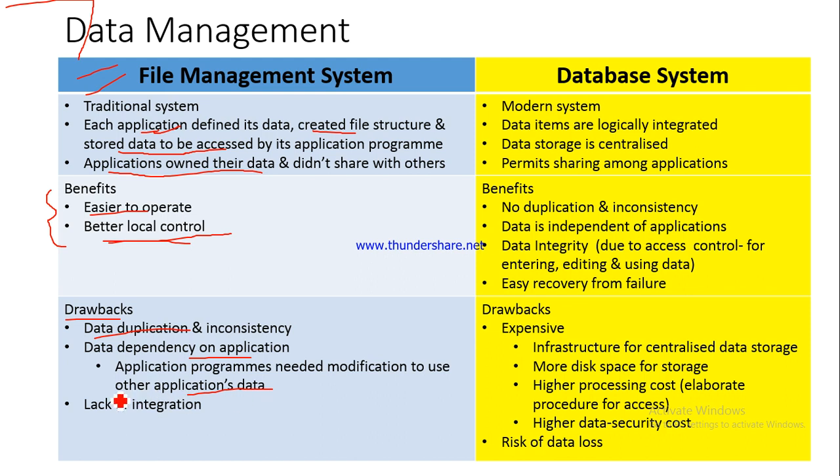Fine. And then there would be lack of integration. What do we mean by this? It is going to be difficult for you to have everything at one place, because now there are two different data sets which are getting generated. One is the amount of money withdrawn and deposited in the saving account.